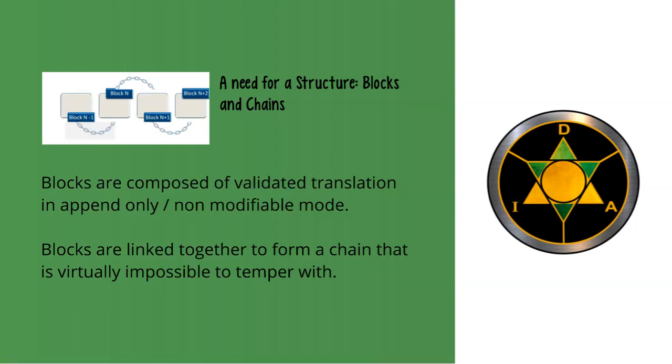But just as an introduction here, I can mention directed acyclic graphs as a structure as opposed to blockchain, which is a linked list. As you can see, we have a list of blocks that are linked, so chained together.